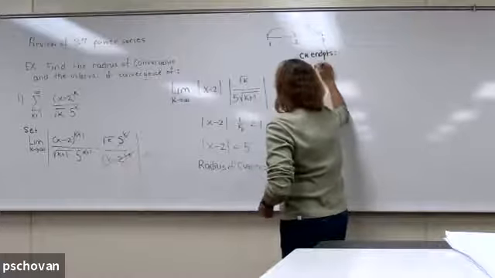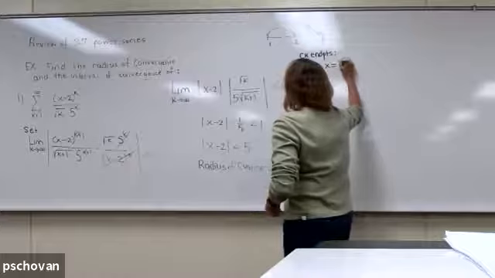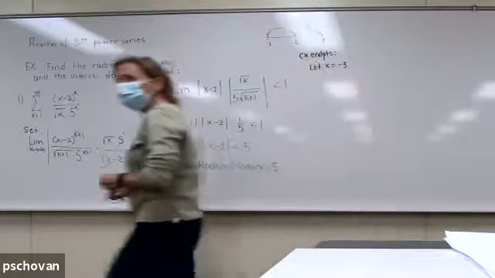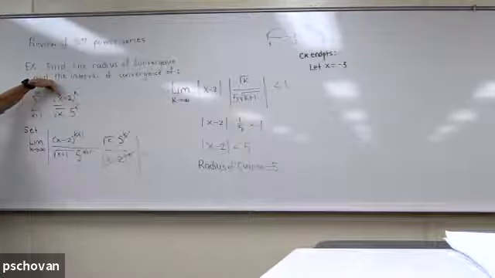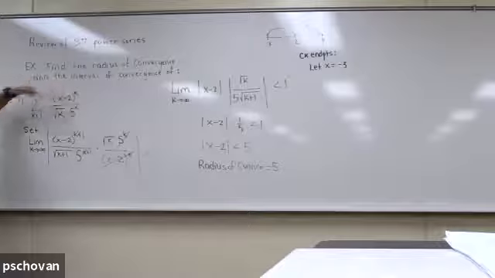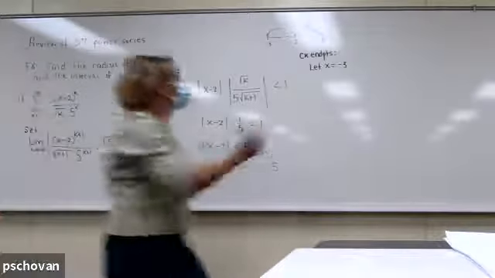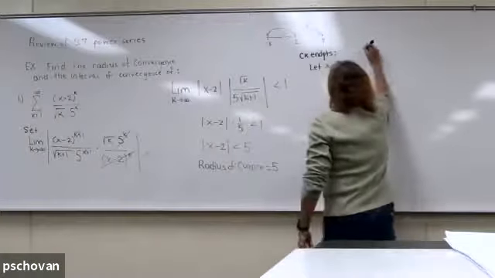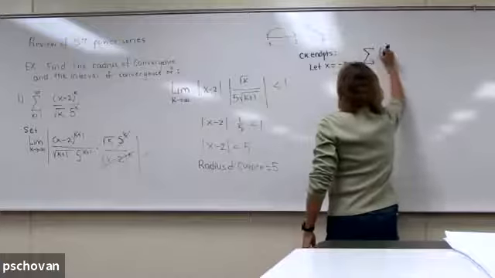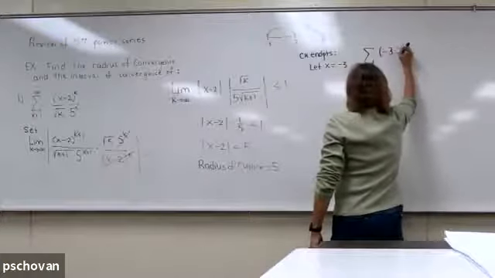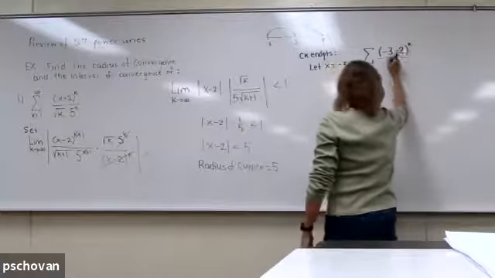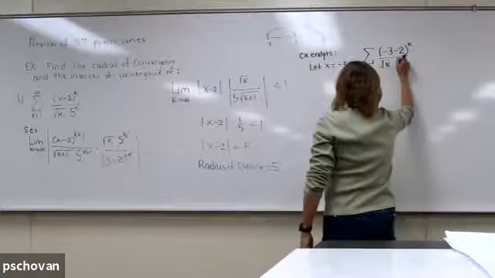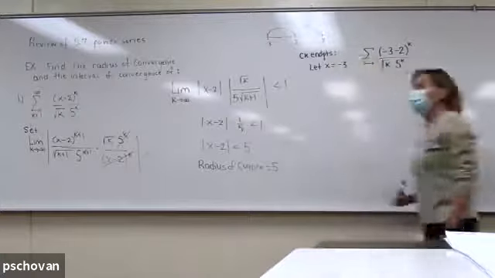So let's first let x equal -3. Back into the original series, put a -3 right here. And let's see if we get a convergent or divergent series. So we'll have (-3 minus 2) to the k divided by the square root of k times 5 to the k.